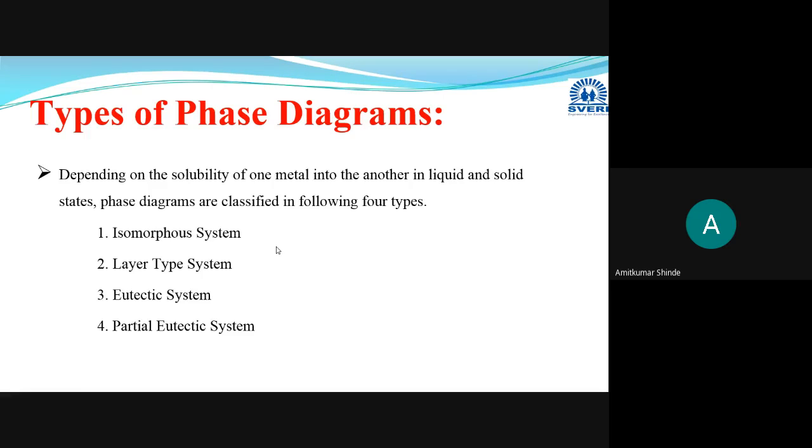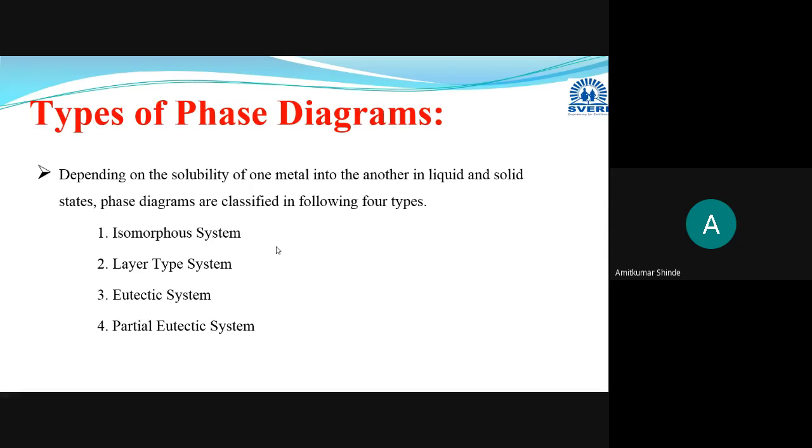That method is termed the thermal analysis method for plotting the equilibrium diagram. And in that, we saw, by taking the example of the copper and nickel alloy, how to plot the equilibrium diagram by taking different composition samples and their cooling curves.